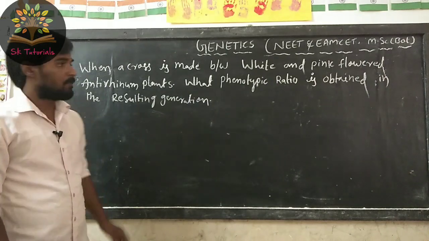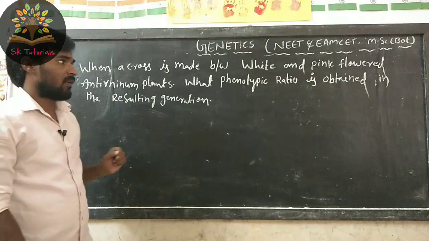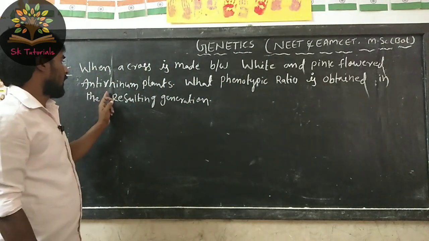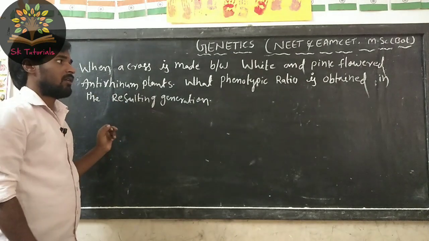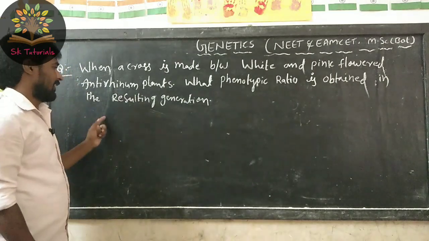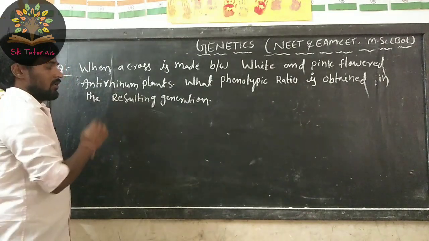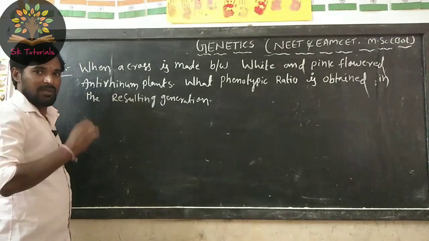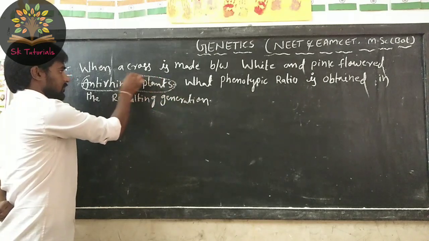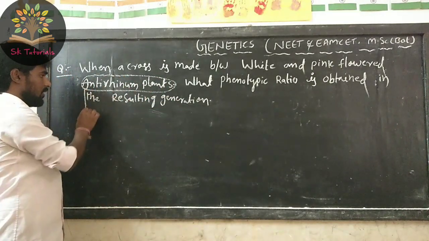Next question is, when a cross is made between white and pink flowered antirrhinum plants, what phenotypic ratio is obtained in the resulting generation? So here also he mentioned antirrhinum plant. We know about the antirrhinum plant.